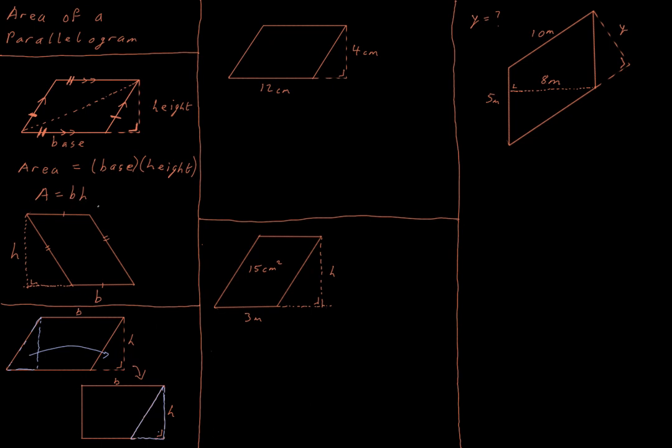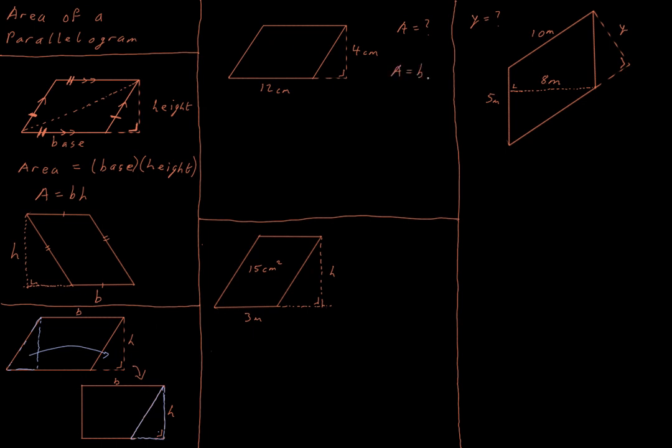Area is equal to base times height. So here I'd be looking for the area. If I want to know the area, how am I going to do it? Well, we do what we always do with our geometry. We say, what shape have I got? I've got a parallelogram.